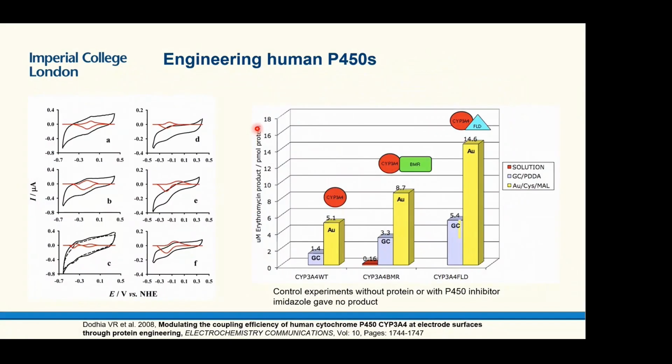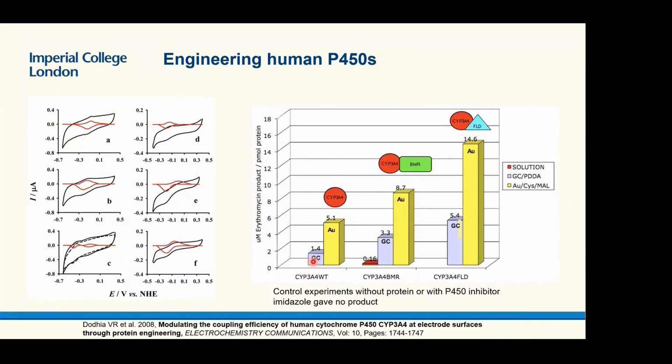And then when we put everything together, we look at the effect of different immobilizations, so different electrode structures, different electrode surfaces, and oriented versus random immobilization, together with the engineering of the proteins to attach the electron transfer partner to the catalytic unit.